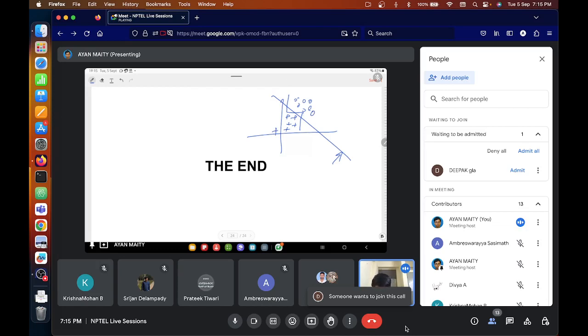But if the test data is, let's say, somewhere here, the negative point is here, because of this zigzag pattern it would classify it as positive, but it might not actually be positive. The test data it has not seen, so it doesn't know what would come in the test data. Training data it has seen, and based on the training data it has created this zigzag decision boundary.